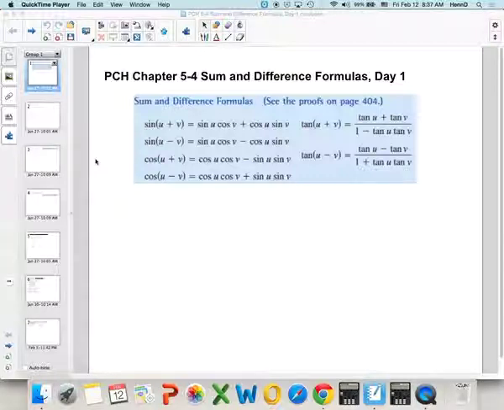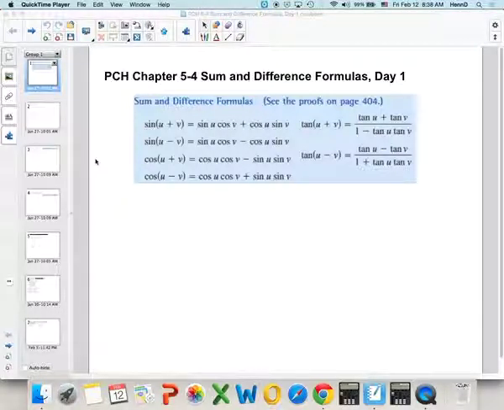Let's take a look at the formulas and point out the similarities, because there's really only three main structures, and if you recognize the differences between whether it's plus or minus, it makes it easier to remember. First, we have the sine of u plus v is sine of u times the cosine of v plus the cosine of u times the sine of v.